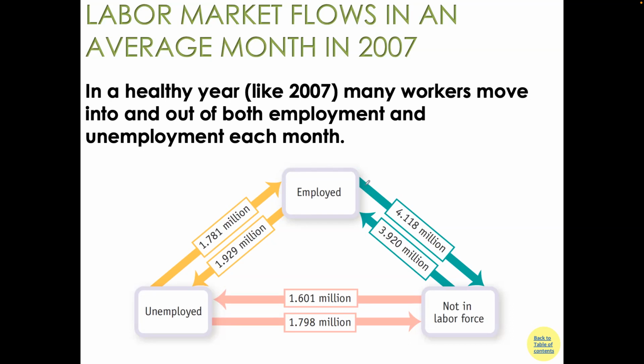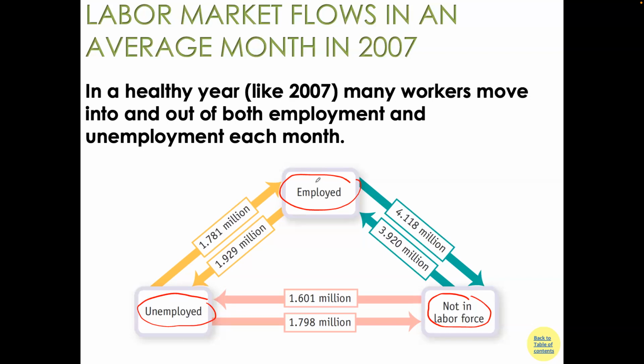You have people who are employed, meaning those who have a job, and people who are unemployed, who don't have a job but are looking for a job. And then you have people not in the labor force. At each point of time in our economy, people move between these three islands, right? Let's see who they are and why they are moving around.